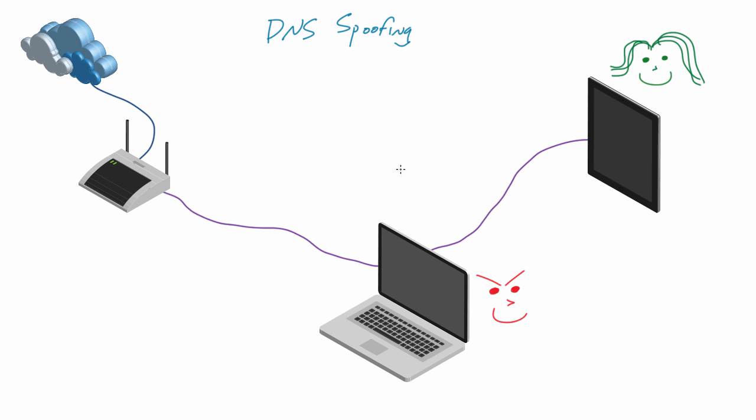So now he isn't just listening, but all of the traffic between Emily and the access point passes through him. That way he can inject packets and alter all the traffic any way he wants, and that's what I'm going to be showing you guys in the next tutorial.